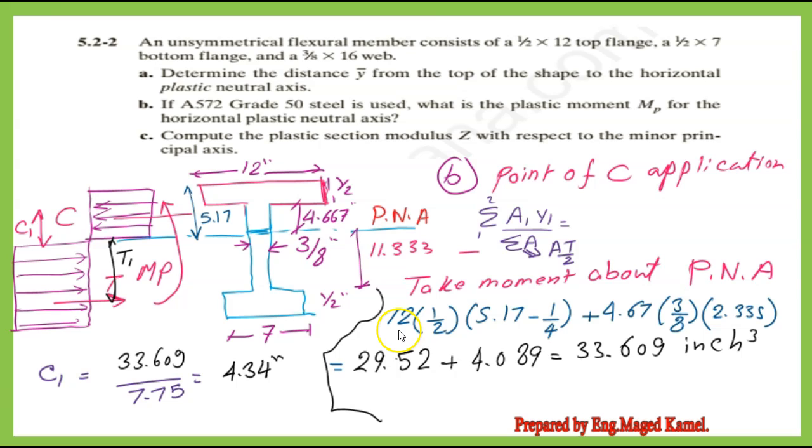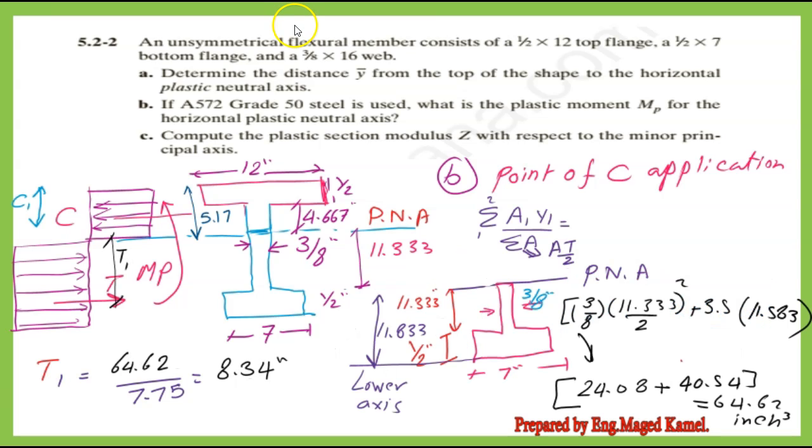The moment of area equals 33.609 cubic inches. We divide the first moment of area by A total over 2, and we can find the value of C1 as equal to 4.34 inches.